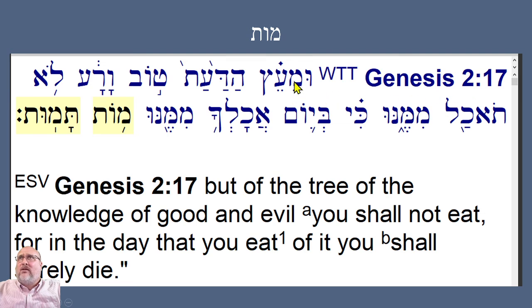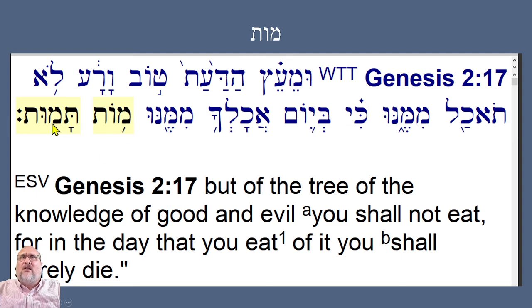The most famous place it's used is from the tree of the knowing of good and evil: you will not eat from it, because on the day of your eating from it, mot tamut. This is an infinitive absolute, and when you put an infinitive absolute with the imperfect, that's how you get surely die. So God doesn't say you will die, he says you will surely die.